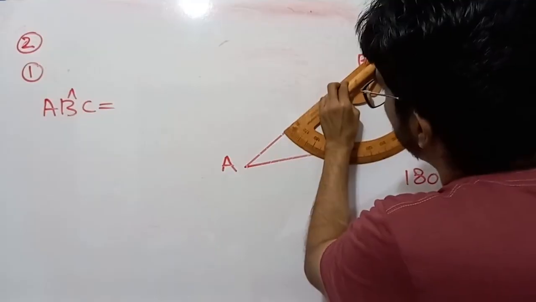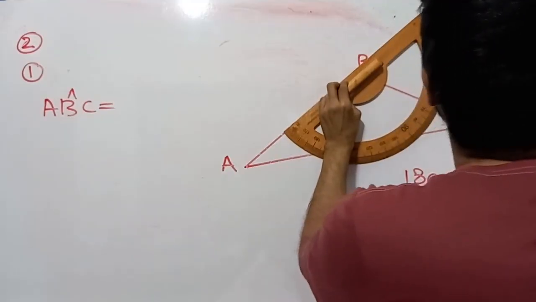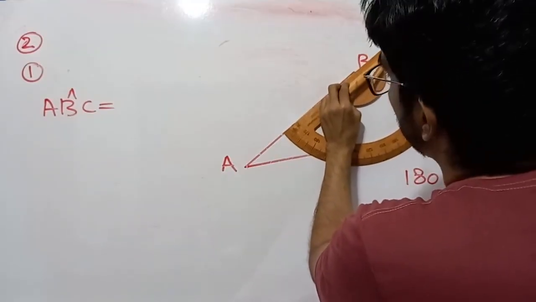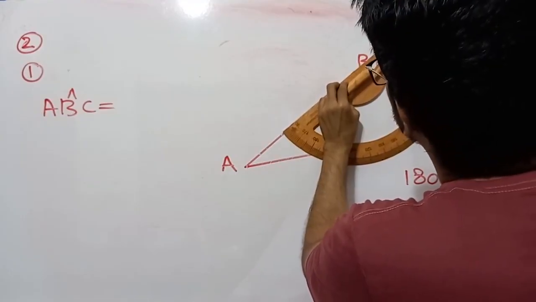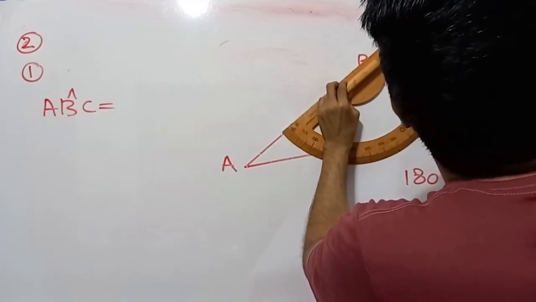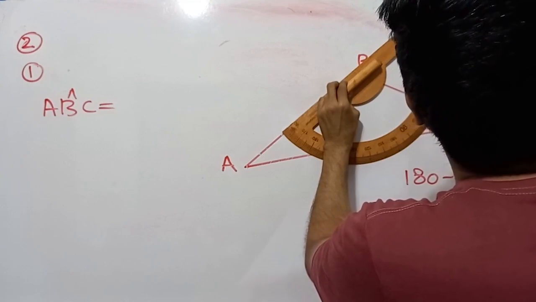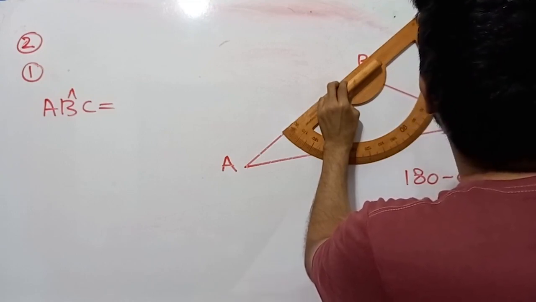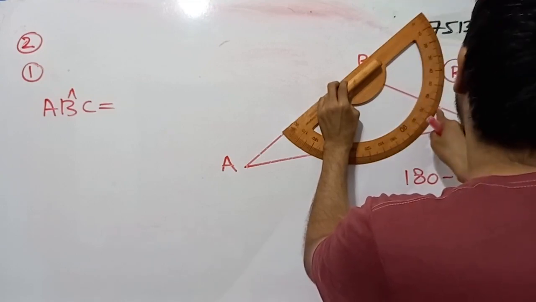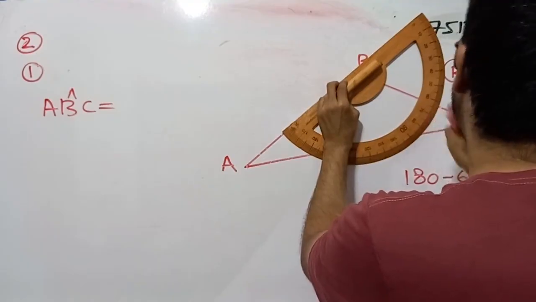So on my protractor, there is only one scale, right? So I will start the measurement from here on this side. So 10, 20, 30, 40, 50. So here it is like 63.